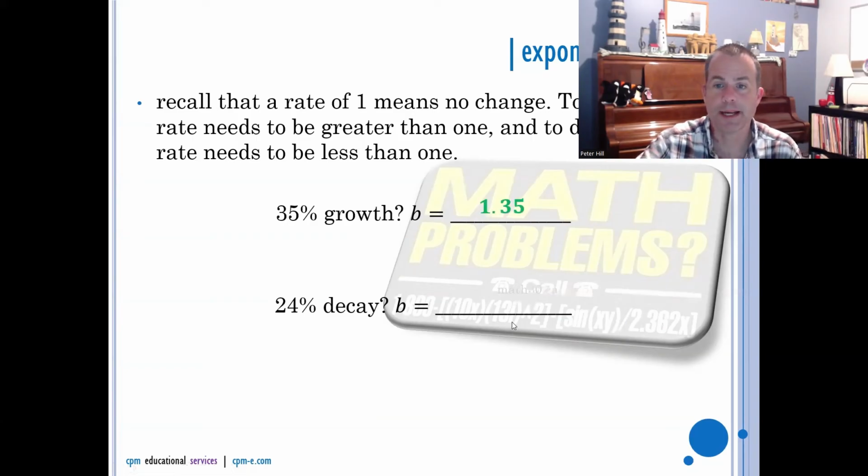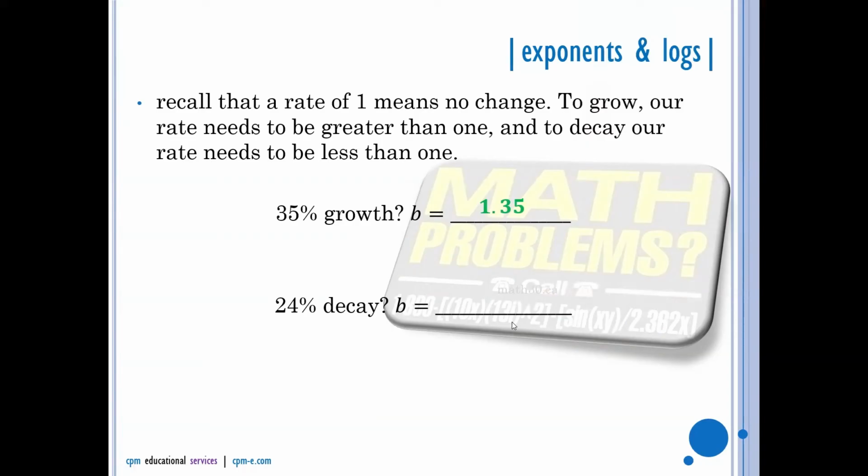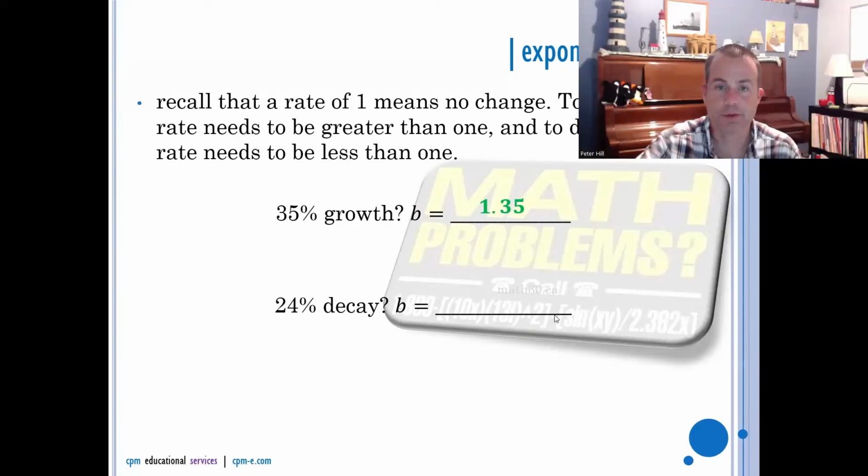To grow, our rate needs to be greater than 1, and to decay, our rate needs to be less than 1. So then a 24% decay, really what I'm going to do there is go 100 minus 24, so that'd be 76%, and so my rate would be 0.76. Okay.